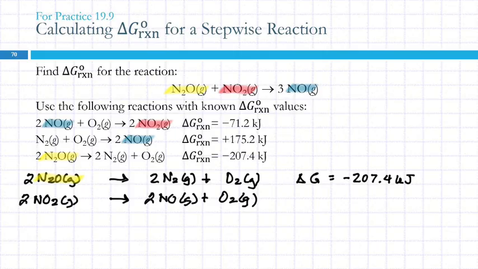And again, I'm going to go in and highlight. So there's my NO2. And this also had the NO, which we were using blue for. So that's in there. I wrote the reaction backwards because I need NO2 to be a reactant.